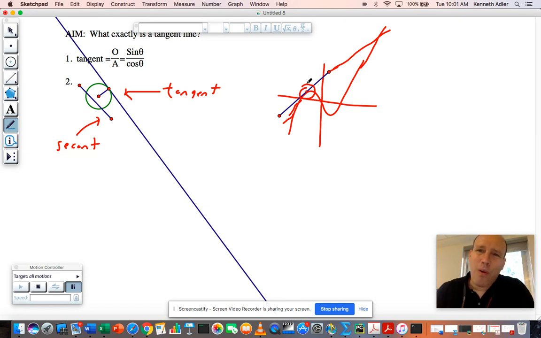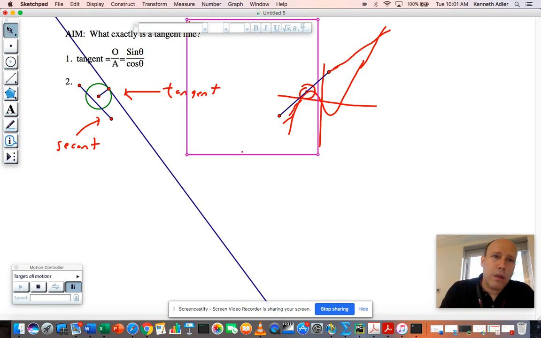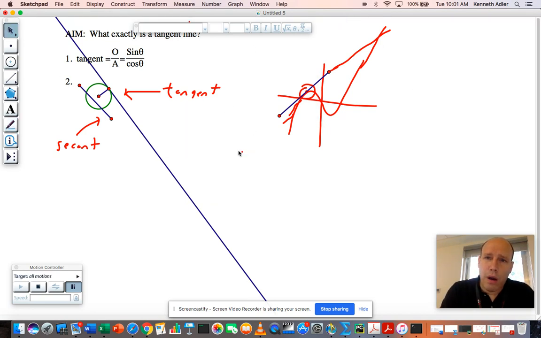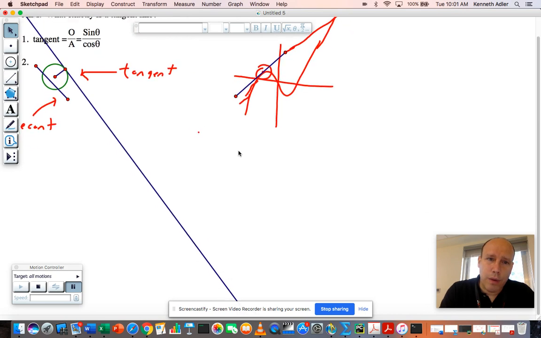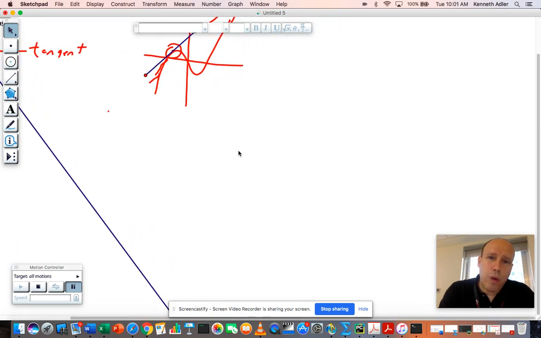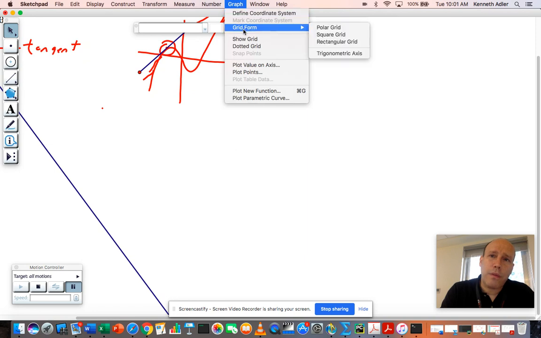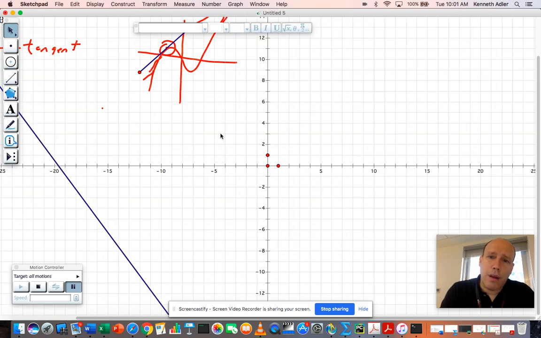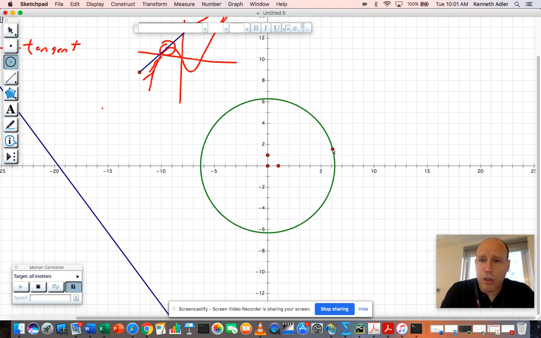Now, the next thing I want to do is connect this idea of this ratio to this actual physical line. So I'm going to erase everything and move the curve over. I'm going to put the graph in a rectangular grid, and then put a circle here. Let's assume that it's a unit circle.